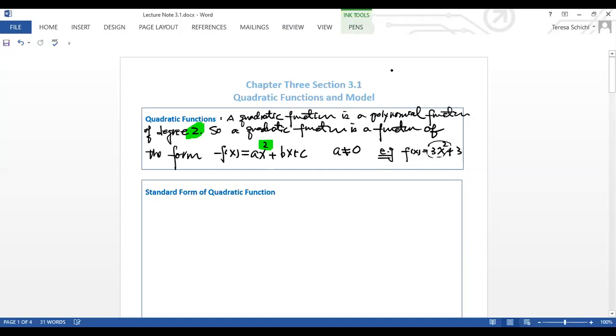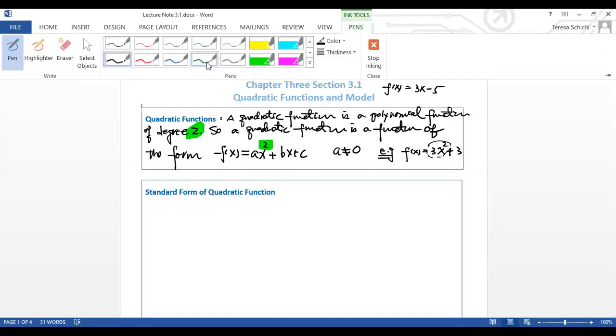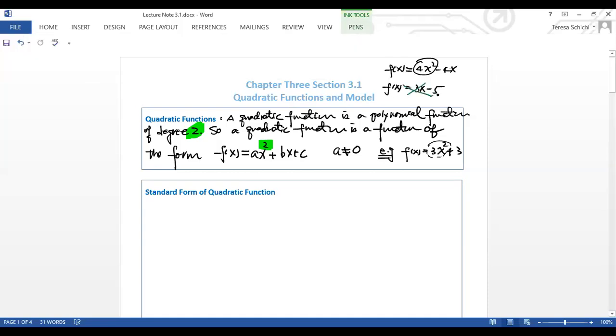Also, if I say f of x equals 4x squared minus 4x, this is a quadratic also because I do have this square term. But if you say f of x equals 3x minus 5, this is not quadratic because it does not have an x squared term. This in fact is a linear function, right? So make sure a quadratic has the square term.